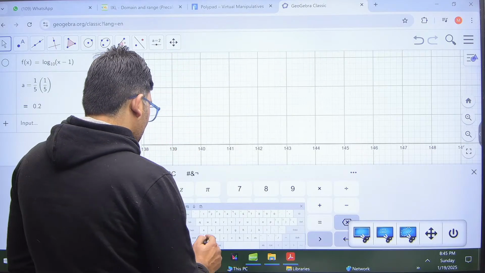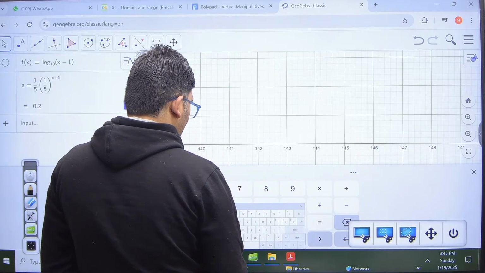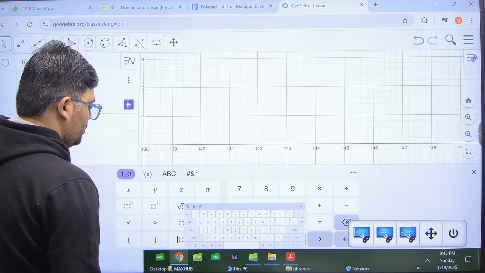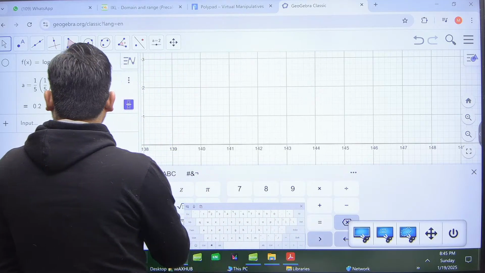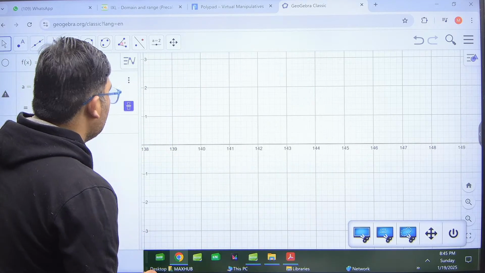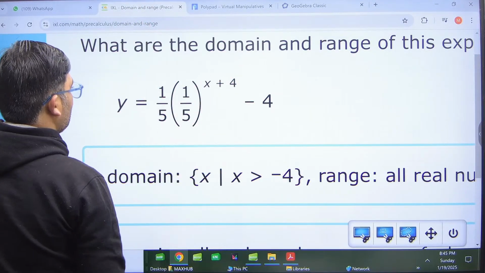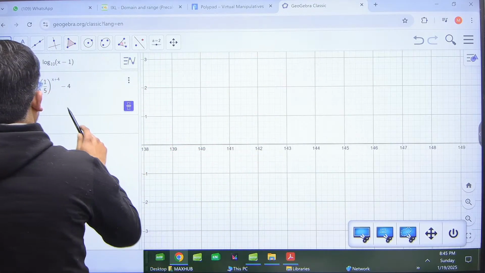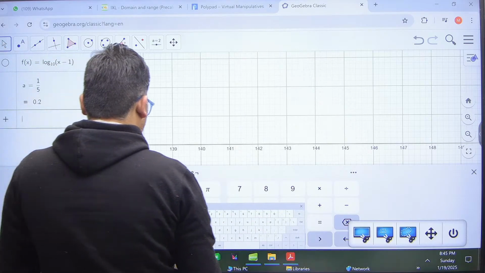x plus 4. And then it's just minus 4. I think we made some mistake. No, we didn't. x plus 4 minus 4. Okay, this time I will write in one go.